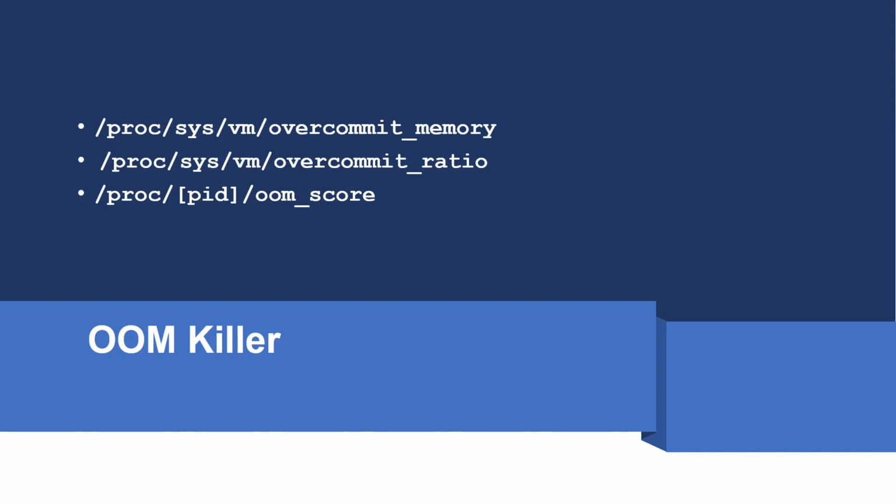In order to make decisions about who gets sacrificed to keep the system alive, a value called the badness is computed, which can be read from /proc/PID/oom_score for each process on the system, and the order of the killing is determined by this value.